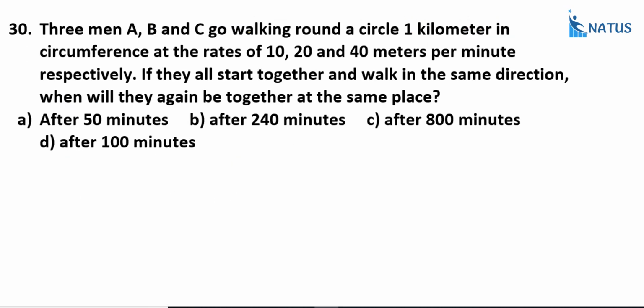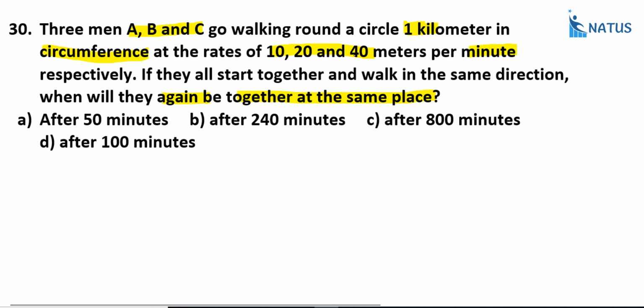Next example. Three men A, B and C go walking around a circle of 1 kilometer circumference at the rates of 10, 20 and 40 meters per minute respectively. If they all start together and walk in the same direction, when will they again be together at the same place?